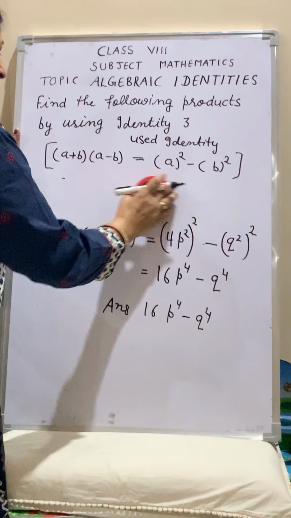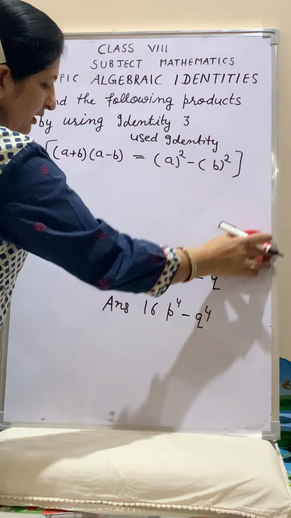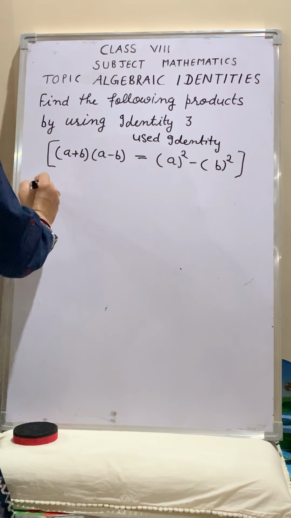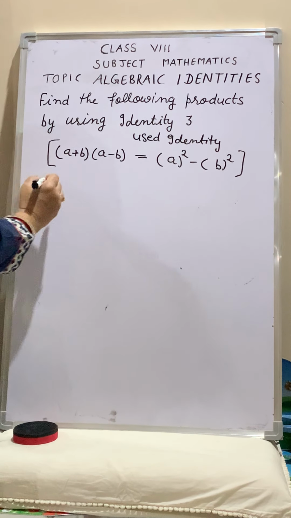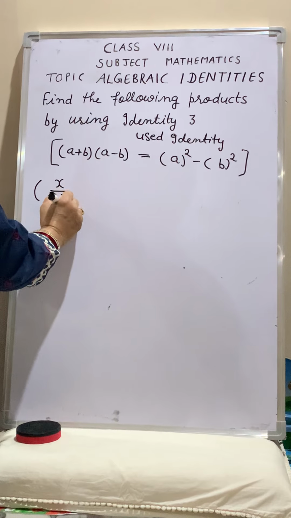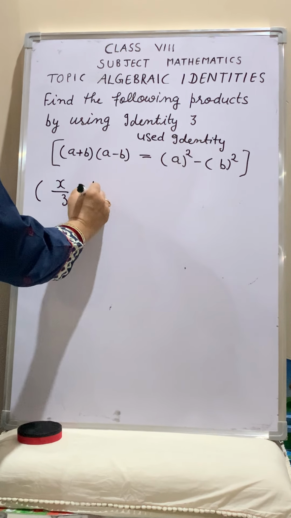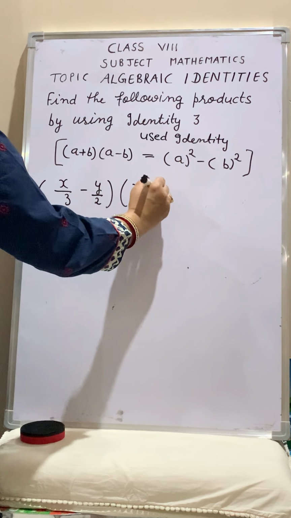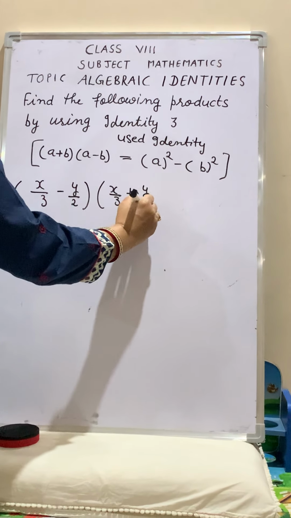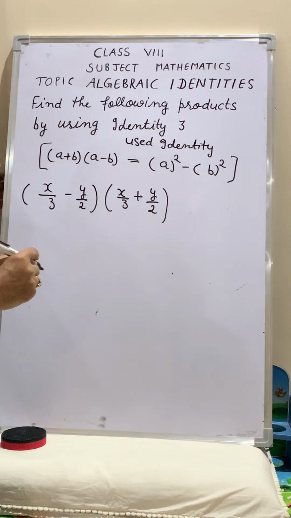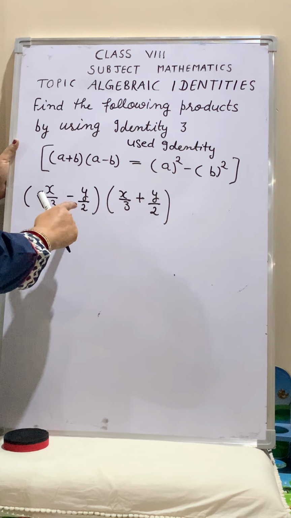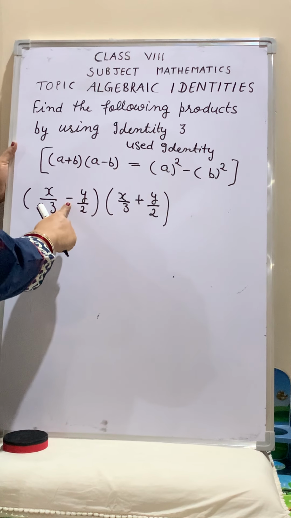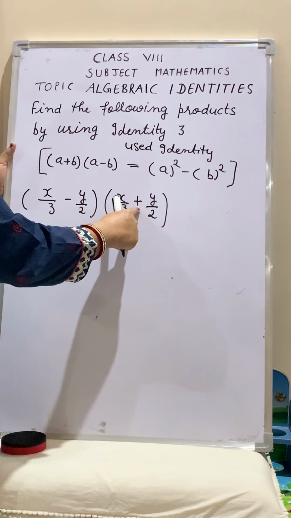Third example, if we have to find out the product of x by 3 minus y by 2 and x by 3 plus y by 2. In the first binomial here is a minus sign and in the second binomial it is a plus sign.